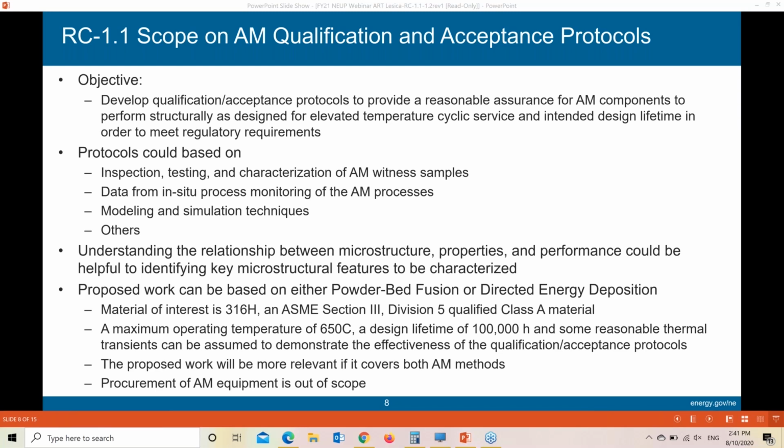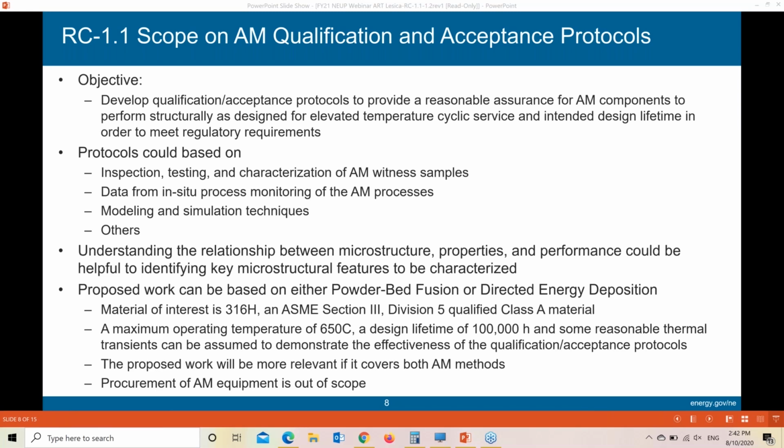ASTM and ASME have the chemistry specification. And additionally, for Division 5 applications, the code has additional restrictions in terms of nitrogen, titanium. So that is information that can be obtained from looking at Division 5.